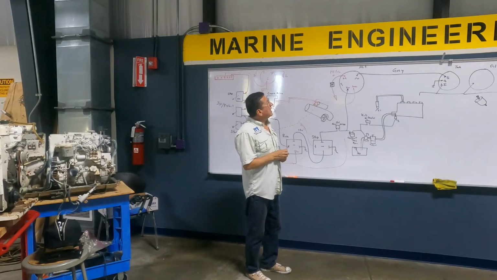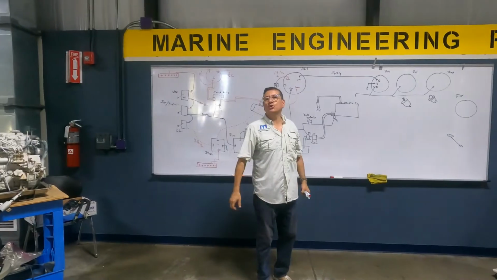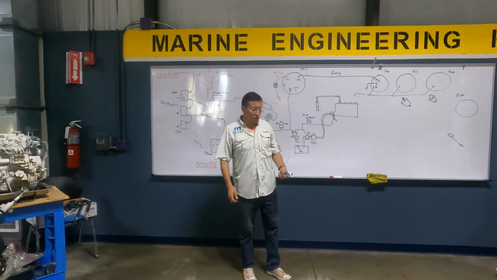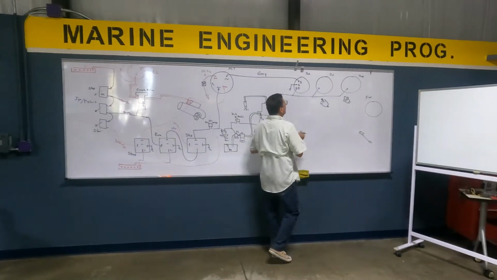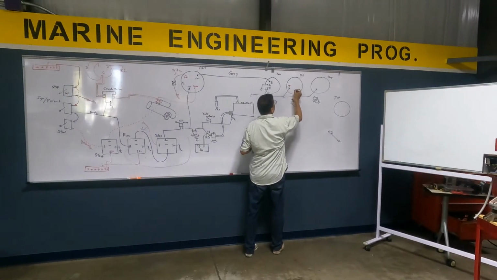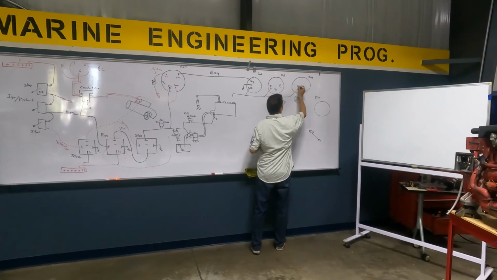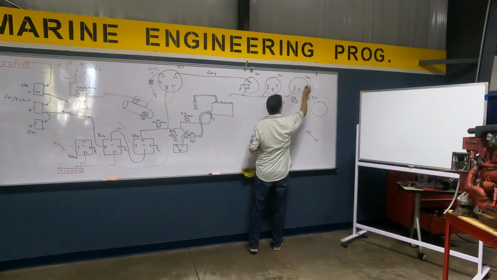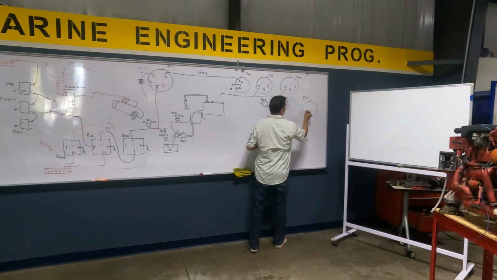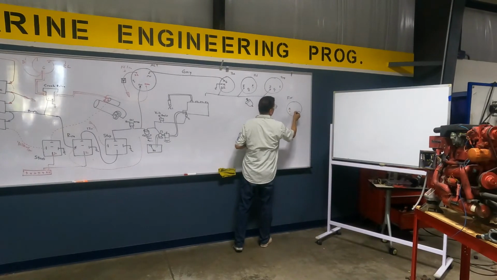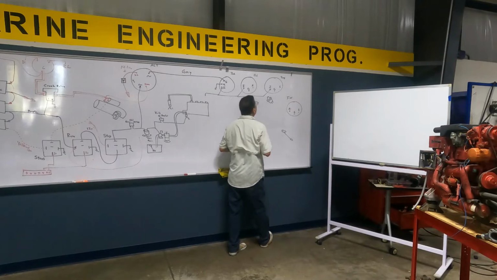Okay, I am going to connect the oil pressure gauge. The oil pressure gauge has 3 terminals: ignition, ground, and signal. Ignition, ground, and signal for temperature. Ignition, ground, and signal for fuel.